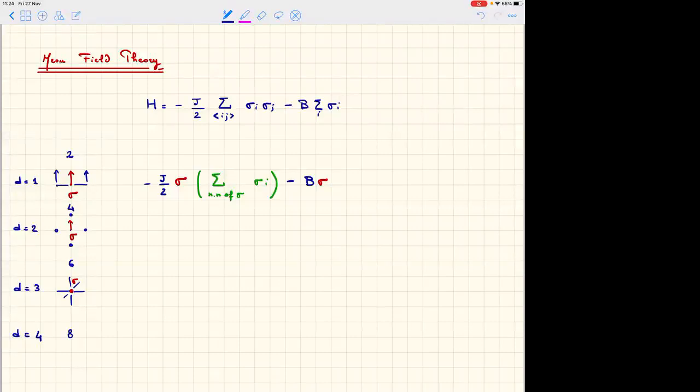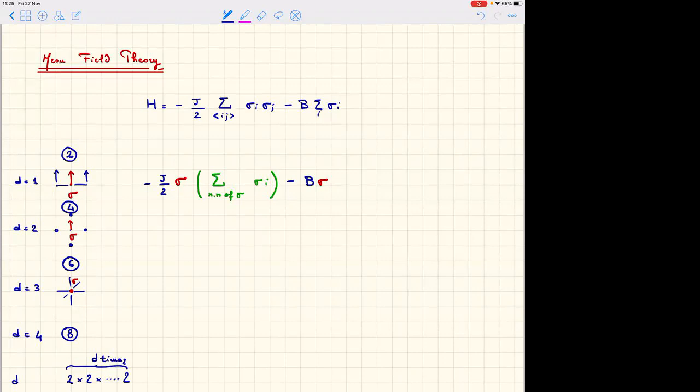So you see, in 1 dimension 2, in 2 dimensions 4, then 6, 8. Well, it's going to be 2 by 2 by 2, d times. In a generic dimensionality d, it is going to be 2 by 2 by 2, d times. In other words, 2 to the power d.